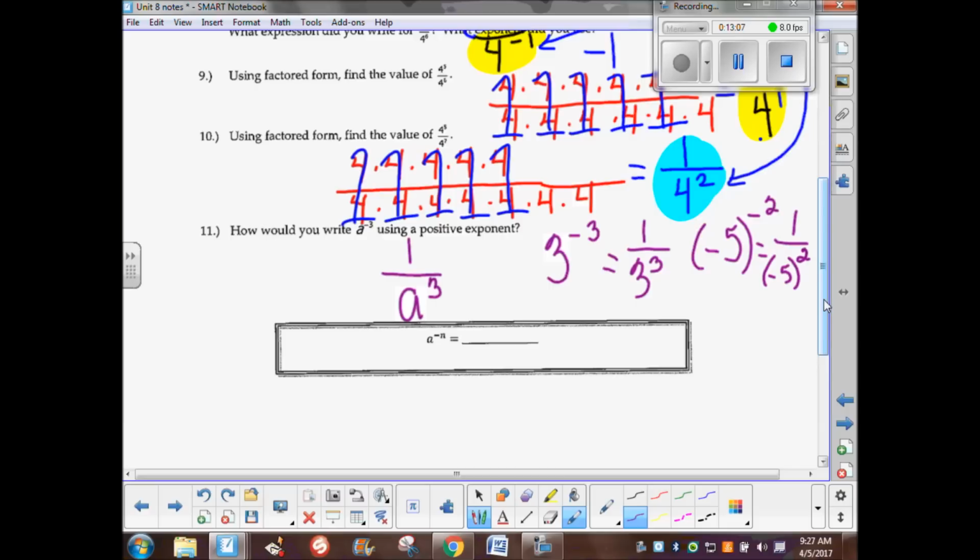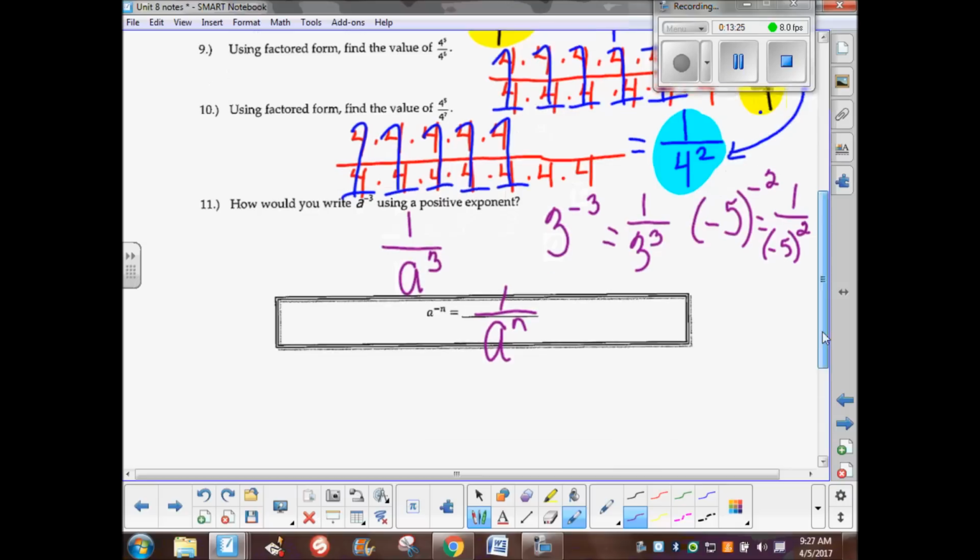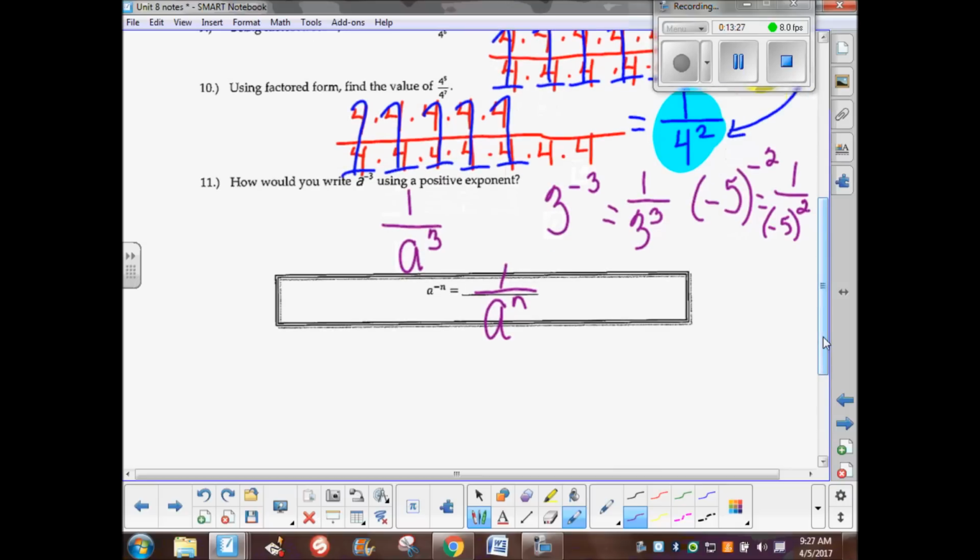So my rule, a to the negative n. Jacob. 1 over a to the positive n. All right, hang on. Before we flip it, I think you guys can handle this.